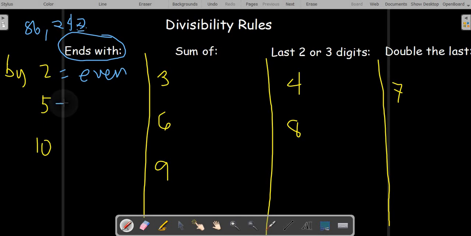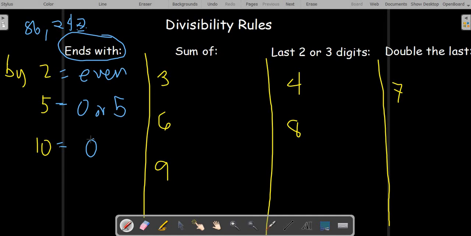A number is divisible by 5 if it ends with 0 or 5, and a number is divisible by 10 if it ends with 0, right? So like 200, 300, 4,000, anything that ends with 0.